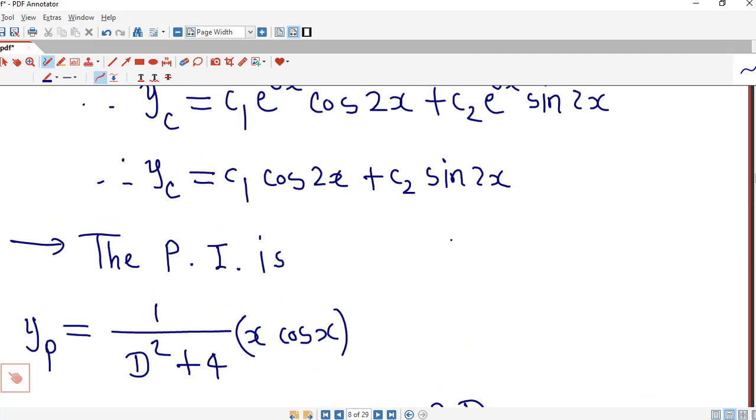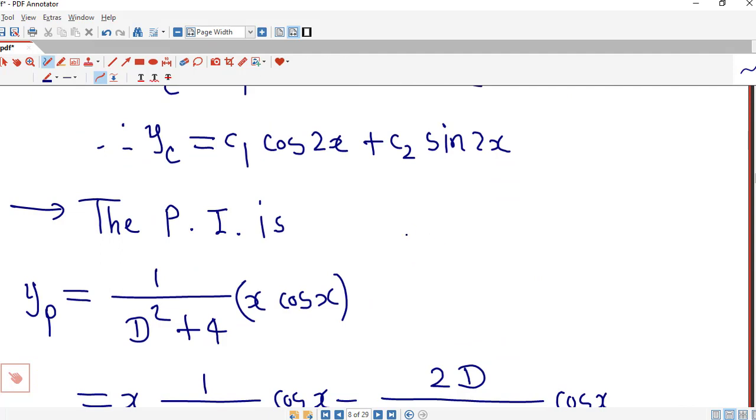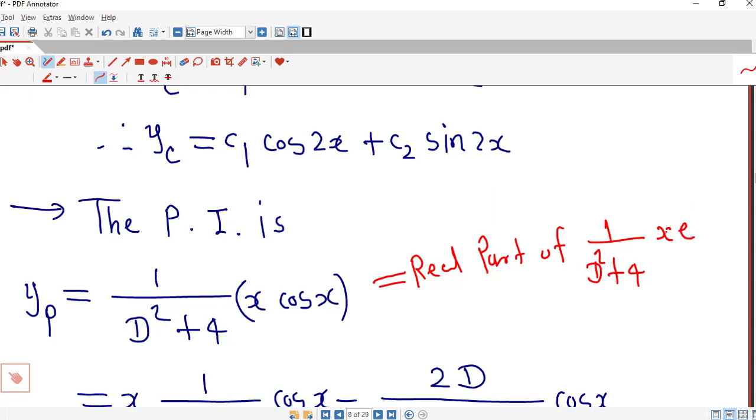So you can do the same problem in this way also. In the earlier lecture we discussed that this is nothing but the real part of 1 over D square plus 4 of x into e raised to ix.